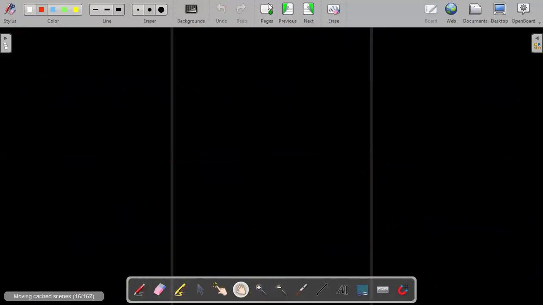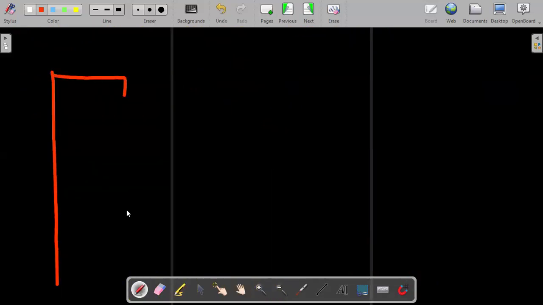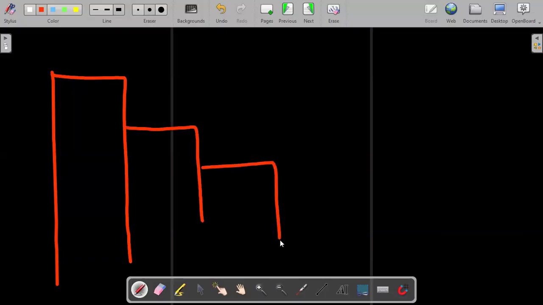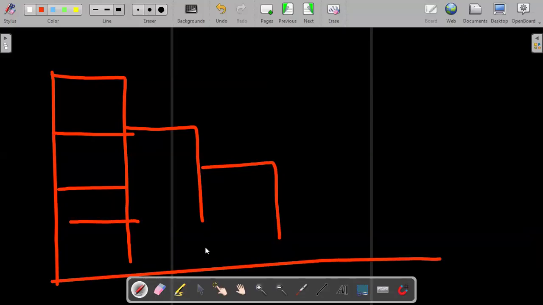So the periodic table is in this format. Elements are arranged in this format, down to this side.